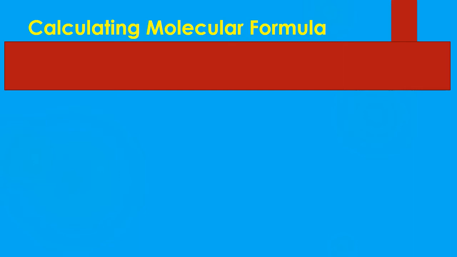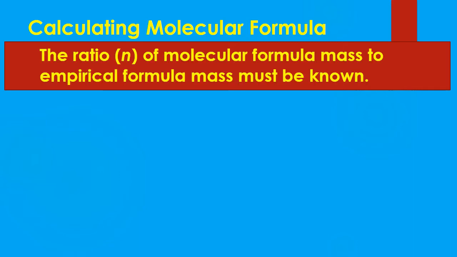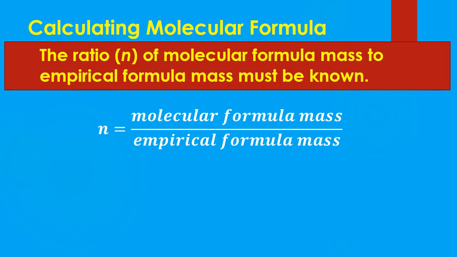So calculating molecular formula. To calculate molecular formula, we need to know the ratio of the molecular mass to the empirical mass. We say molecular formula mass, empirical formula mass. So we need to know these two values. So to get N, that is how many times the molecular formula is larger than our empirical formula, we take the molecular mass and divide it by the empirical mass.